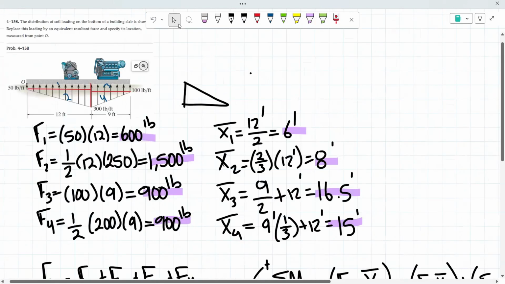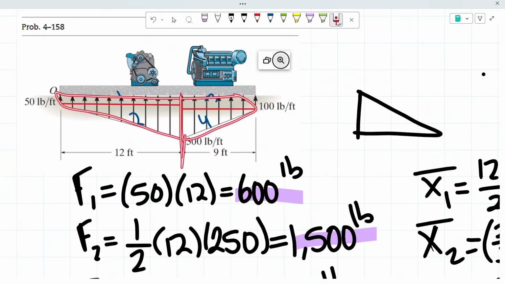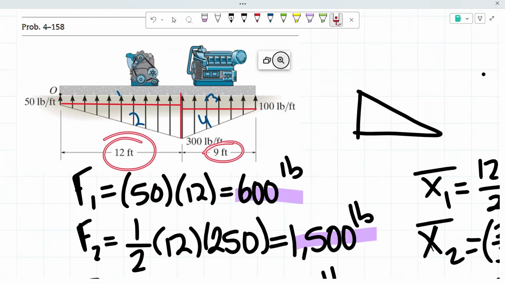So once again, what we did here is first we simply split this shape that was given to us in half, because that way we would know that this shape right here has a span of 12 feet and this shape right here has a span of 9 feet. From there, we split both of those shapes into a rectangle and a right triangle to then be able to determine the forces of each of those shapes.